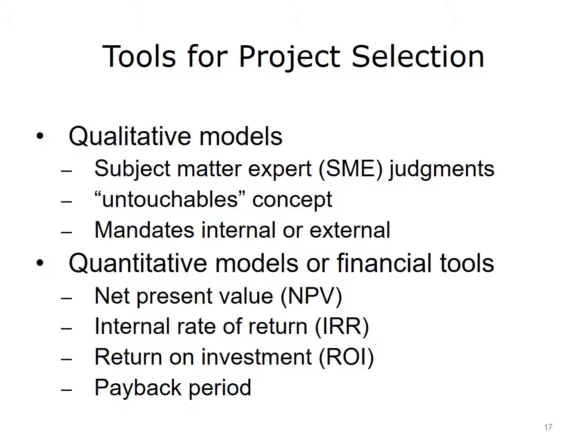Quantitative models or financial tools, which we will not cover in depth, use existing or historical project data to predict project benefit within very specific parameters. These models include net present value, internal rate of return, return on investment, and payback period. All provide prediction of success based on concrete data and clear definitions of success in numerical terms.